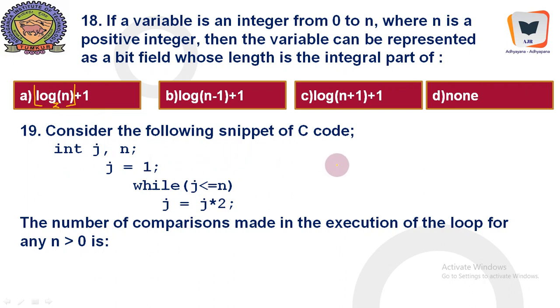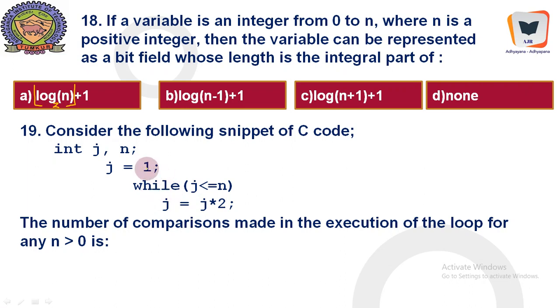Consider the following snippet of C code: integer j equal to 1, while j less than or equal to n, j equal to j plus 2. Question 19: the number of comparisons made in the execution of the loop for any n value greater than 0 is? Let us take n equal to 8.